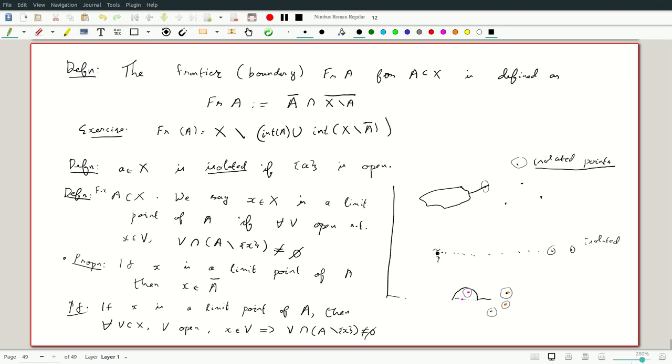But that of course implies that the bigger set, V intersection A, is non-empty. Okay, and this is true for all V. Therefore x belongs to A bar. We had characterized closure points as being those where this happens.